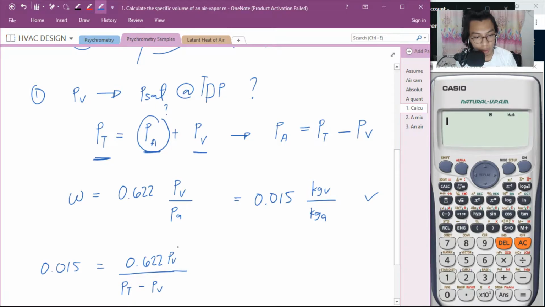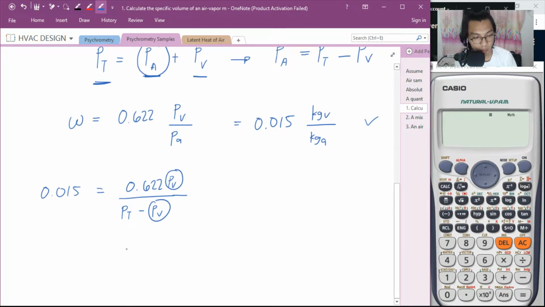Then we can solve for PV. Okay. So, cross-multiply ko silang dalawa. 0.015 multiplied by PT minus PV equal to 0.622 PV. Ito ang wala tayo, PV. But meron tayong PT. Substitute na natin dyan.